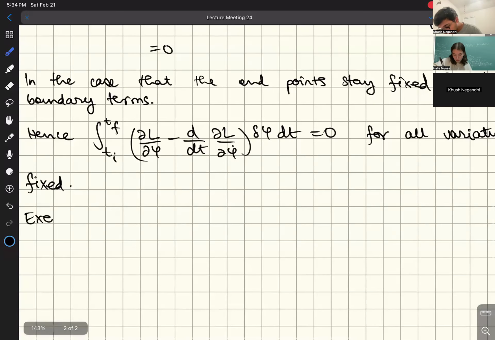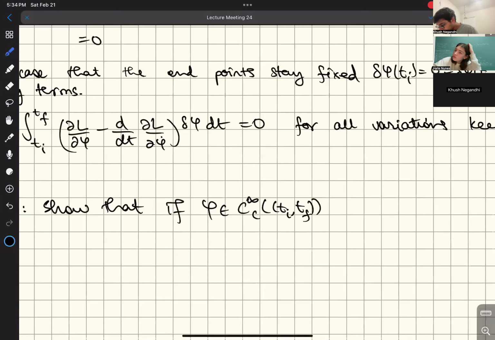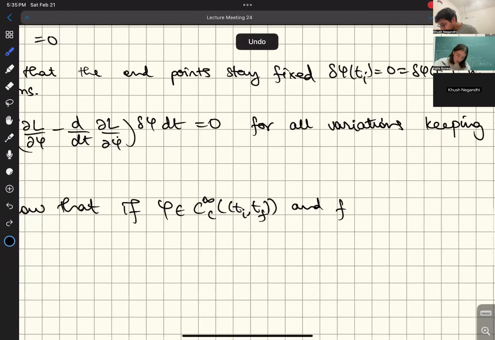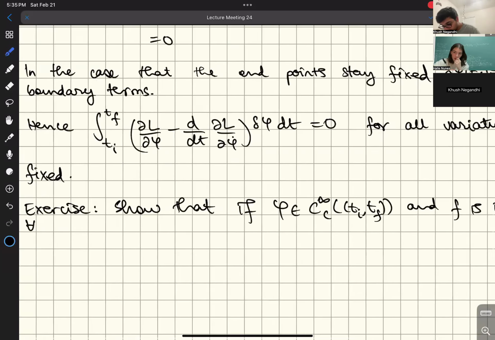So exercise: show that if phi is C infinity compactly supported in (ti, tf) and f is integrable and the integral from ti to tf of f phi equals 0 for all such phi, then f equals 0.